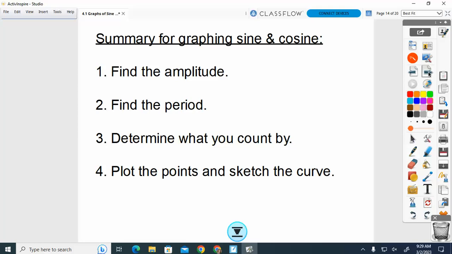And then the fourth step is to plot our points and graph it. So, step 1, amplitude. If you're writing this down, you don't want to write every word. What I would write is step 1, amplitude, step 2, period, step 3, count by, step 4, sketch. You just want one word for what to do at each step.